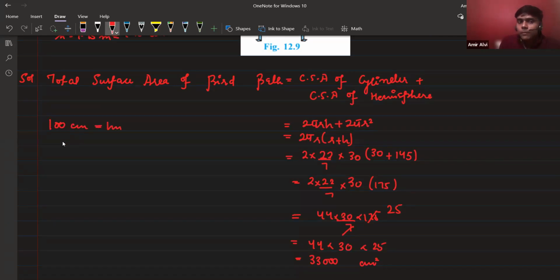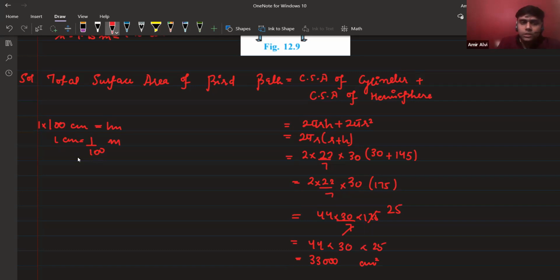So 1 centimeter will be equal to 1 by 100 meter. Just shift it. It's multiplied with 1. If you shift the 100 to the right-hand side, it will go in the denominator, because it's in multiplication, so it will go in division. Clear?